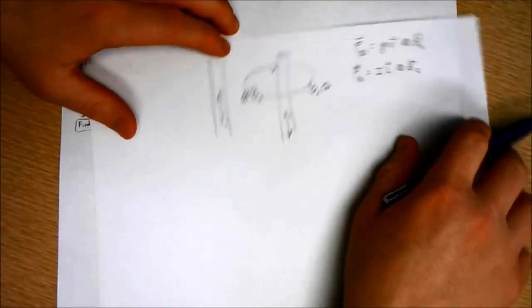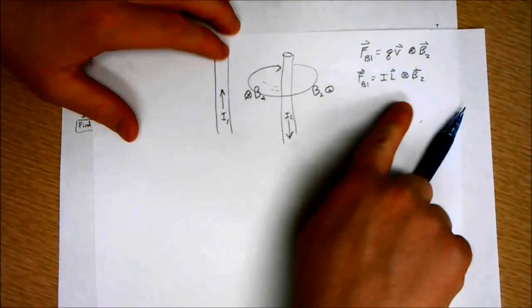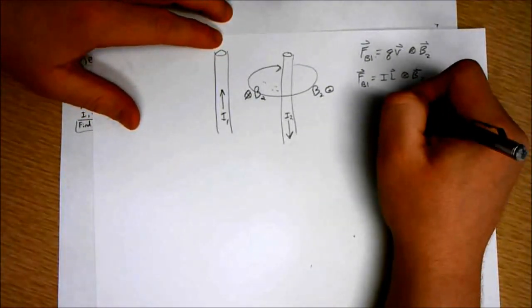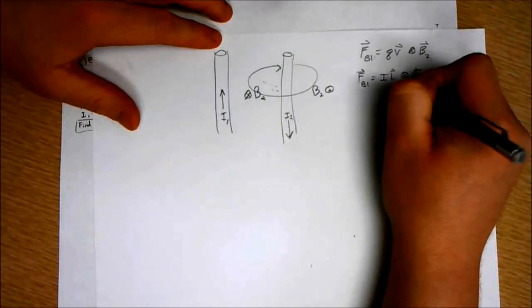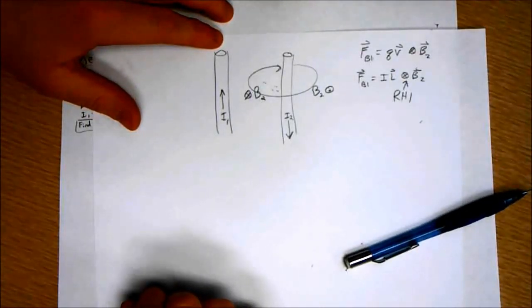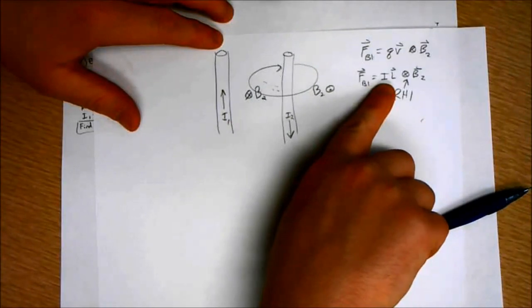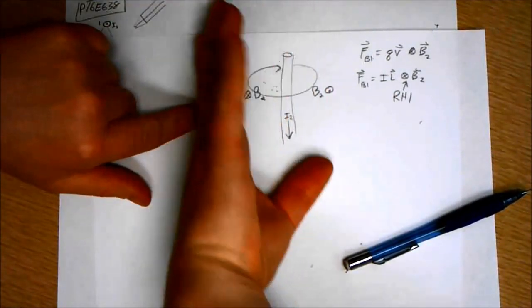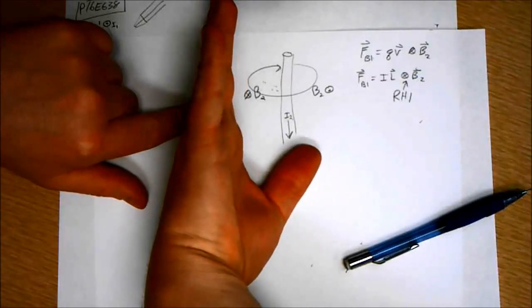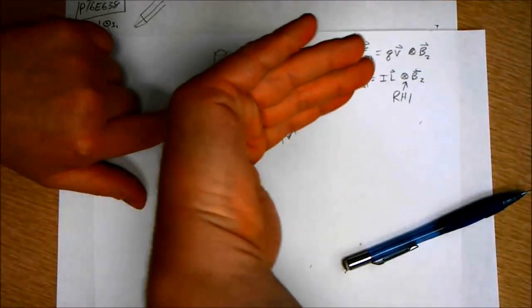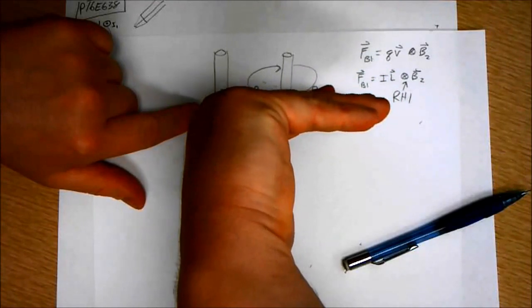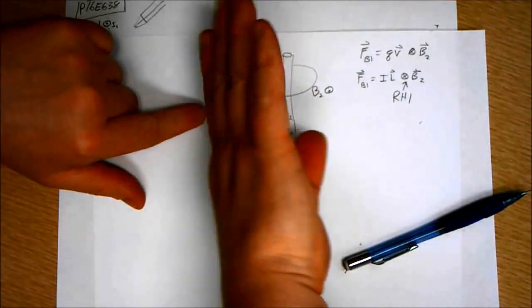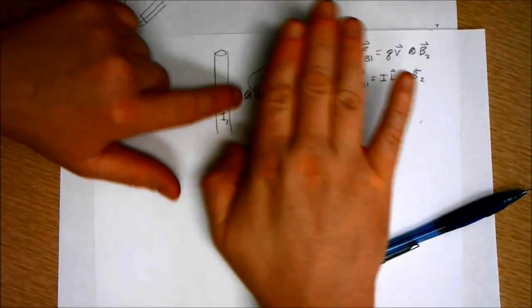What is the direction of the force? Well, it goes back to right-hand rule number 1, which is the rule of cross products, which means you point your finger in the direction of IL. So the current's going upwards, so IL is in this direction. You curl your fingers in the direction of the second thing in the cross product, which in this case is the field, into the page.